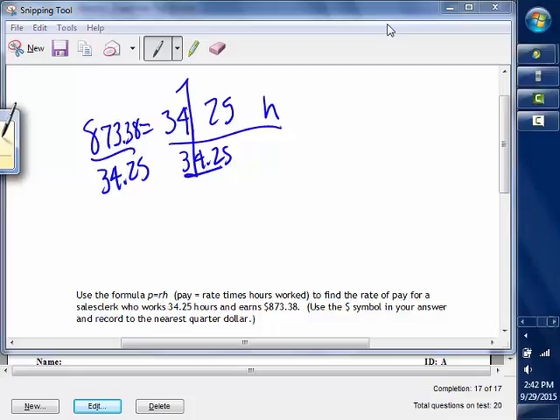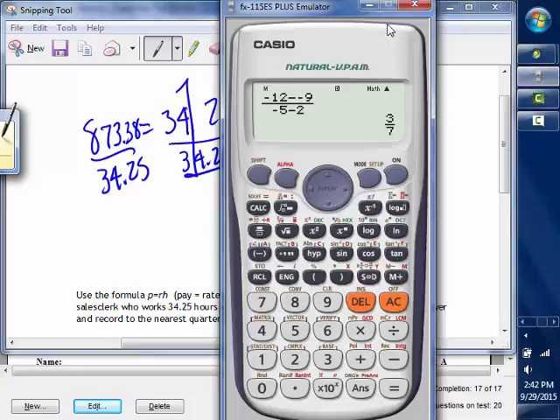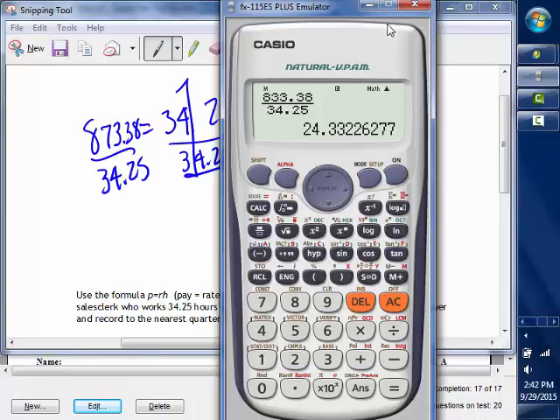I do have to get out my calculator because I can't do that in my head. 873.38 divided by 34.25 is 24.38. Let's try it again. 873.38 over 34.25 is 25.5.